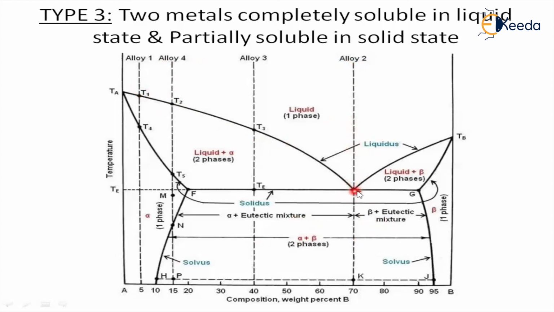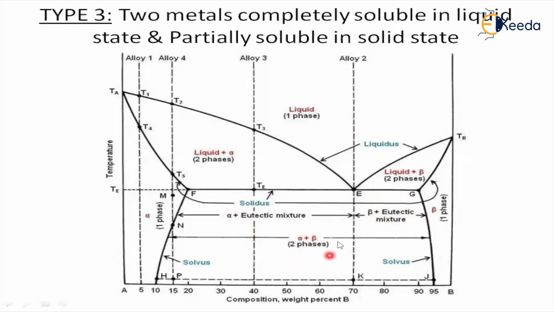This point is the eutectic point at which liquid is converted to two solids, and this line is called the eutectic line. Whatever mixture we get under this line, or below this line, is represented as eutectic mixture.